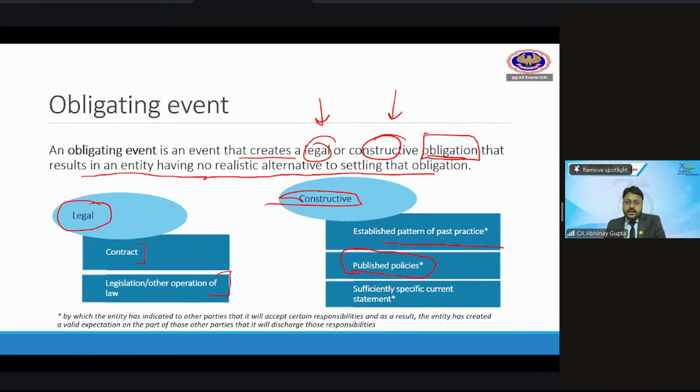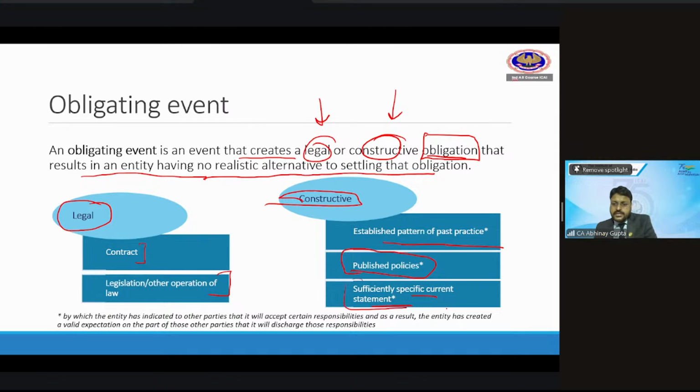Does that mean a legal obligation? No, it is again a constructive obligation. This is a published policy on the website or the notice board of the company that if customers are not happy, they can return the product within 15 days of purchase. This is not contractual, it is only a published policy, subject to T&C, which are written in brief, a sufficiently specific current statement.